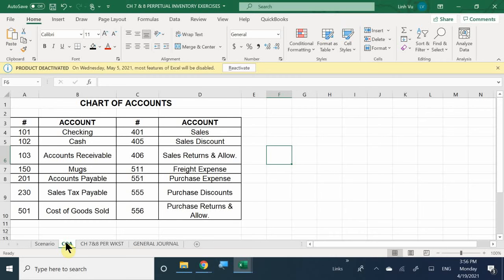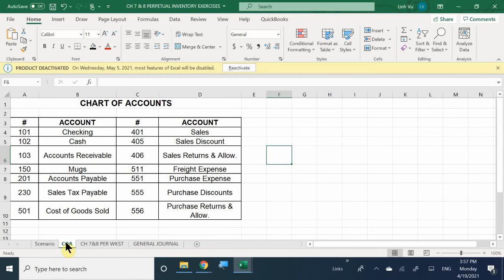Sales. Correct. We need to recognize that we have a sale that has happened. And then the next journal that we're going to recognize is, how much did it cost me to sell, and what do I need to get rid of from my inventory? So in this case, I need to recognize the very first thing first. What must happen in order for you to update your inventory? A sale must happen.